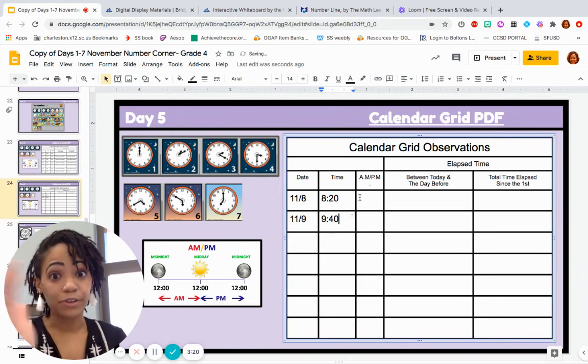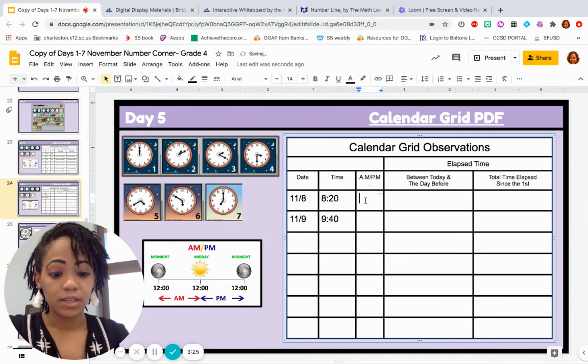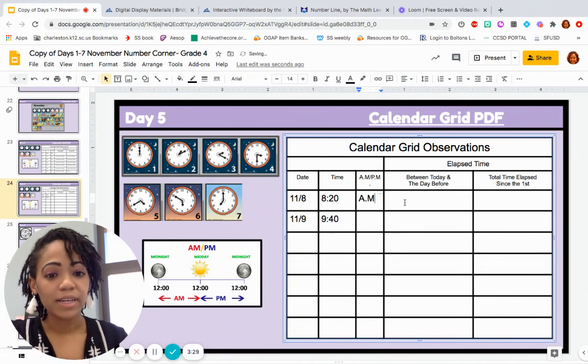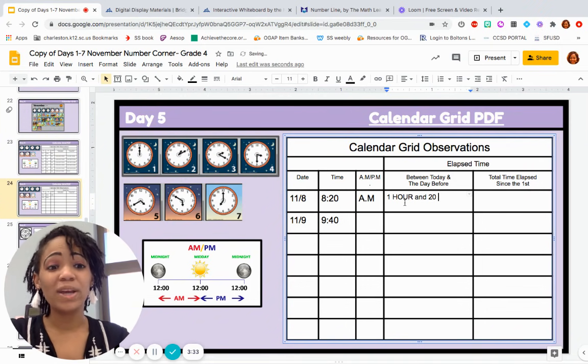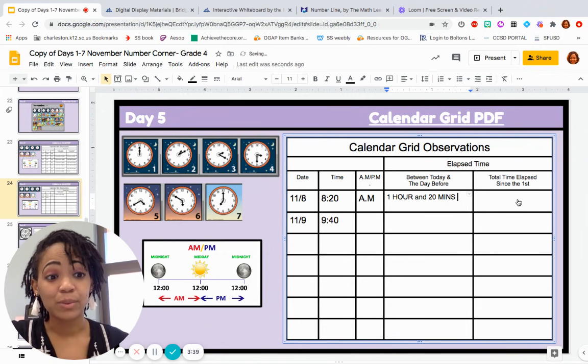Now we noticed something for this new start of the week on Sunday. Something changed. It's still a.m. before midday, but now we have 1 hour and 20 minutes in between our two markers. From Saturday to Sunday is an hour and 20 minutes.